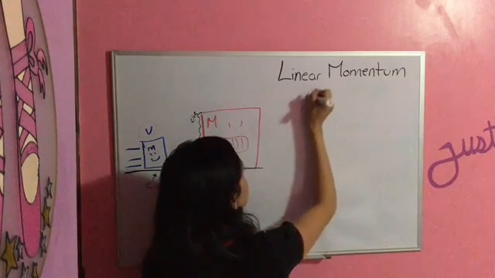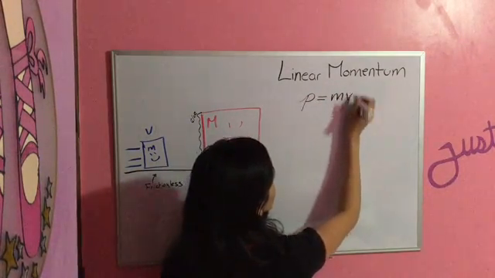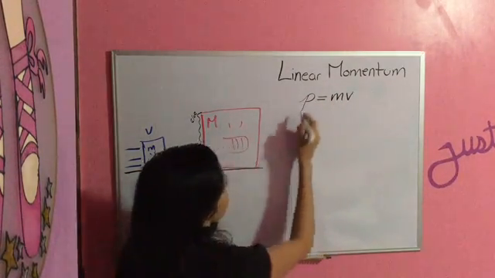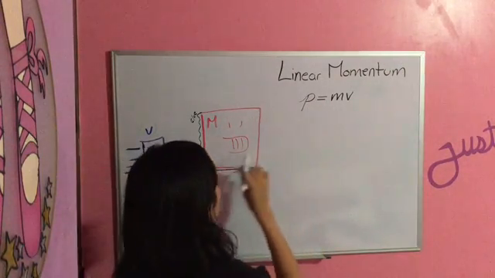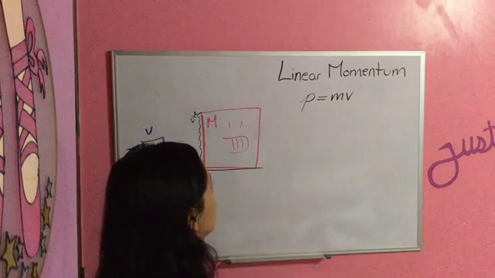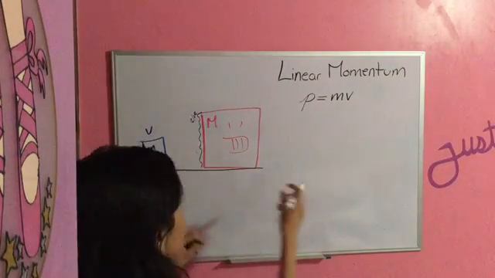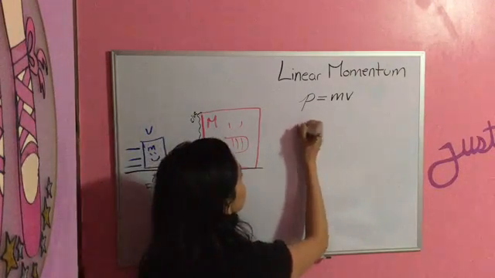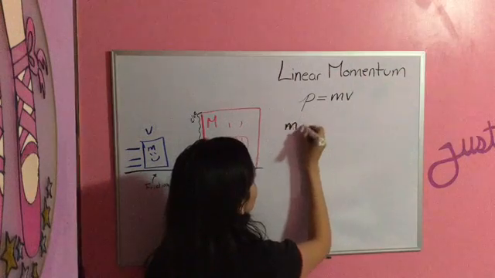And linear momentum is defined by the equation P equals mv. And we can note it when both blocks are stuck together.